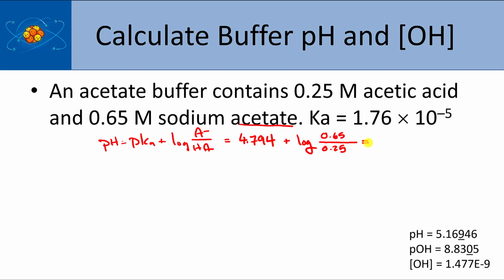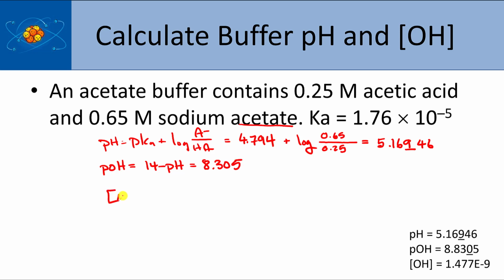Okay, so that ends up being 5.169, and that's the last sig fig, 46, something like that. The reason we're calculating the pH is we need the OH concentration. So pOH is going to be 14 minus pH, so that'll be 8.305.